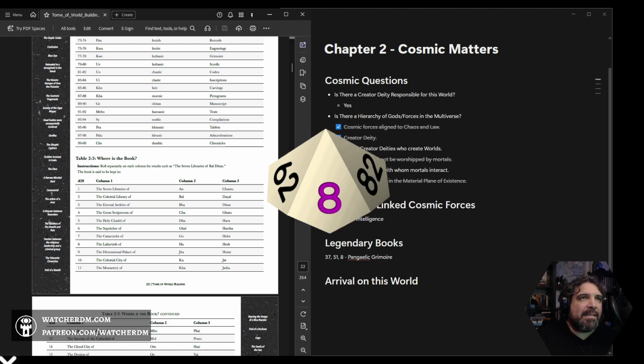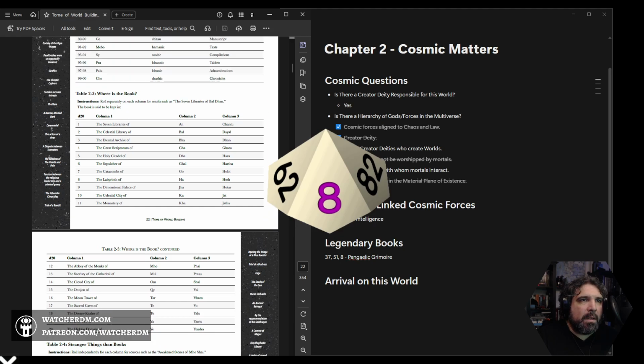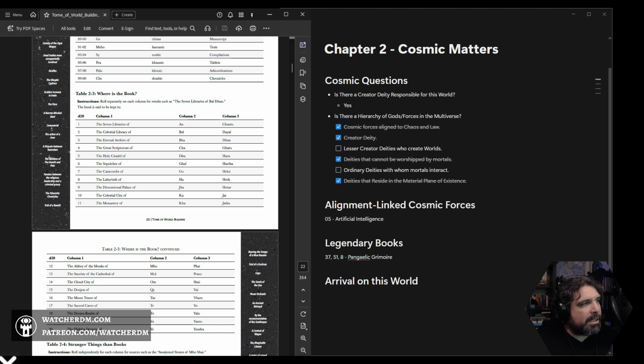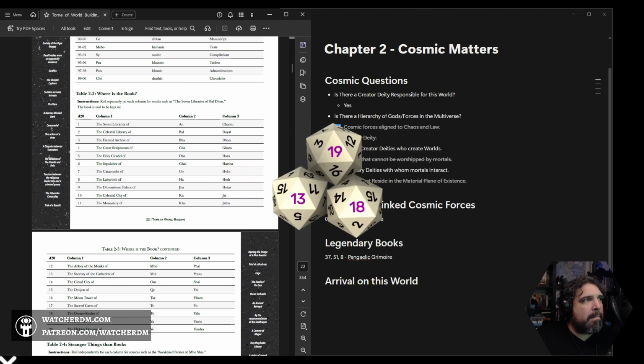Where is this book? Where's the book? Roll separately for each column. We got a D20 here, so we change out the die. We're just going to roll 3 of them, line them up, bam. And yeah, we got 13, 19, 18.